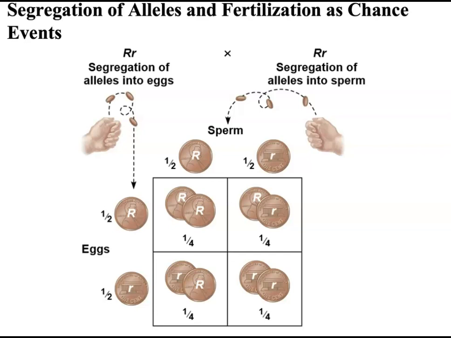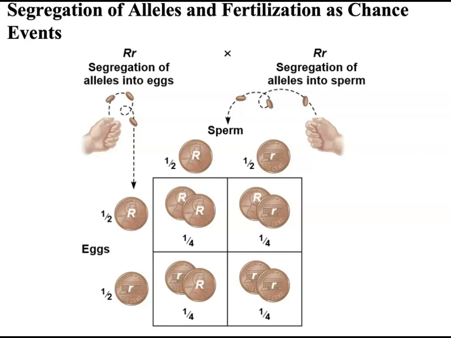To calculate the probability of an individual being heterozygous, you added the 1/4 probability from the big R little r individual with the 1/4 probability from the little r big R individual. Now remember, the definition of the addition rule is the probability of two or more mutually exclusive events occurring, which is calculated by adding together the individual probabilities.